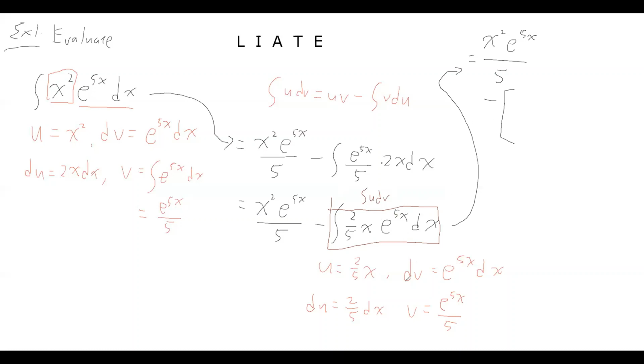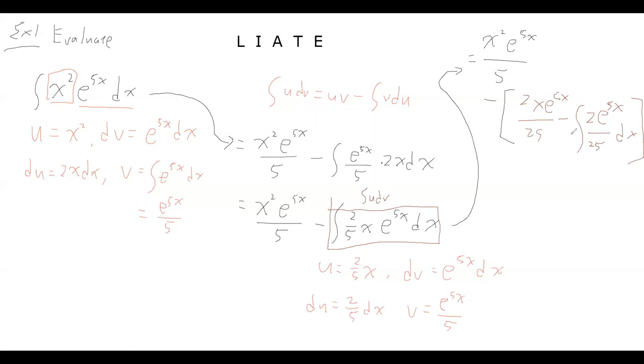So uv right here, that is 2x e to the 5x over 25, minus the integral of v du, which is 2e to the 5x over 25 dx, close bracket.